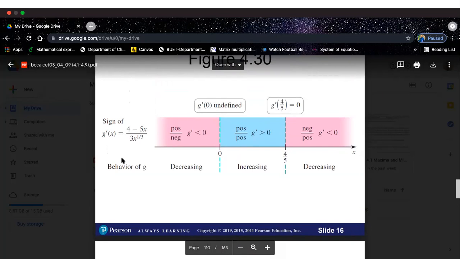If yes, how? I'll not ask what those are, because you can actually see it on the slide. But the question is how to find the critical points from the first derivative like this, I mean, when the first derivative is a fraction. How to find the critical points when you have a fraction?